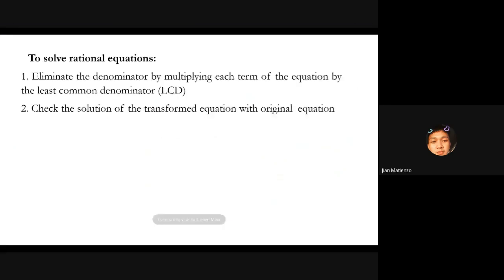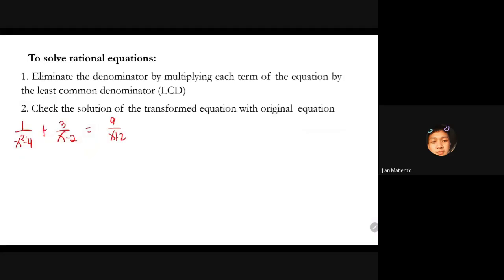Okay, so again, in finding for the least common denominator, we will be needing here the concept of factoring. Say for example, we have the given rational expression as 1 over x squared minus 4 plus 3 over x minus 2 is equal to 9 over x plus 2.